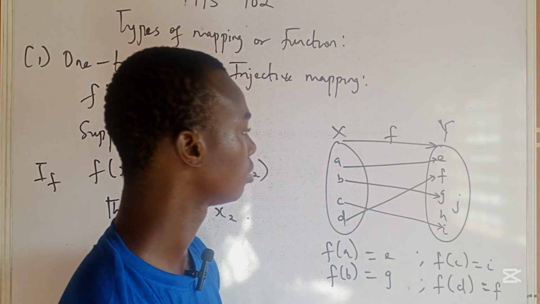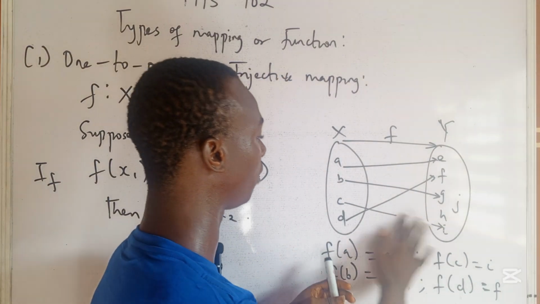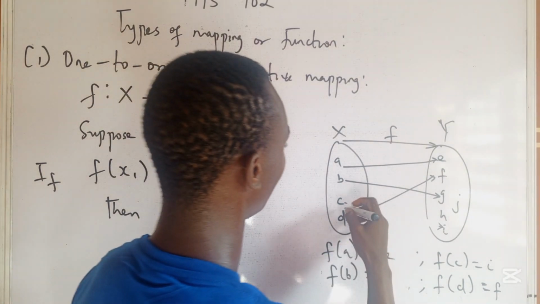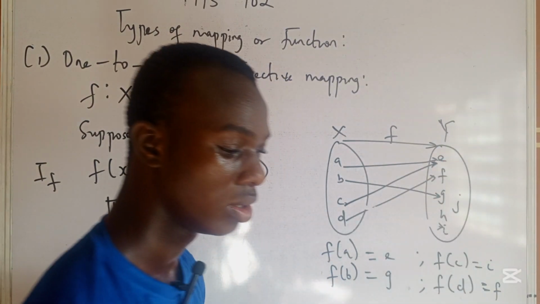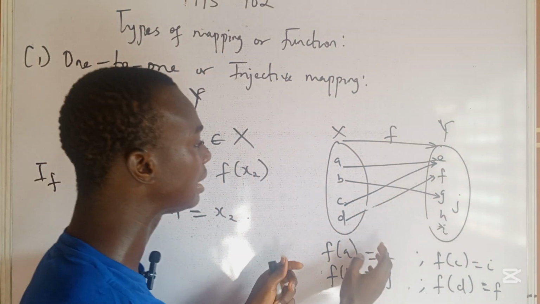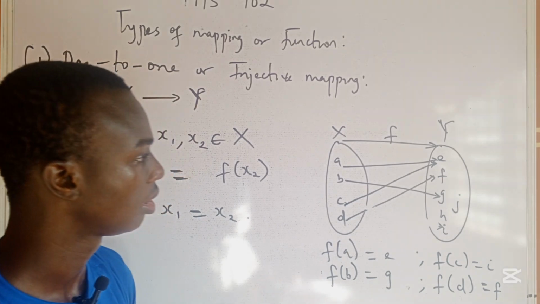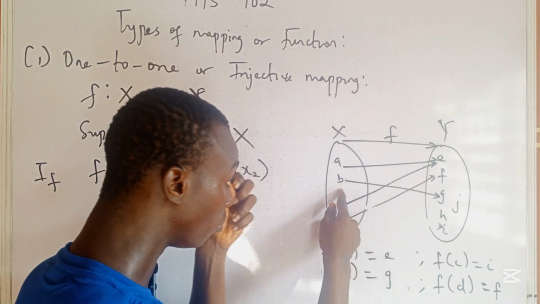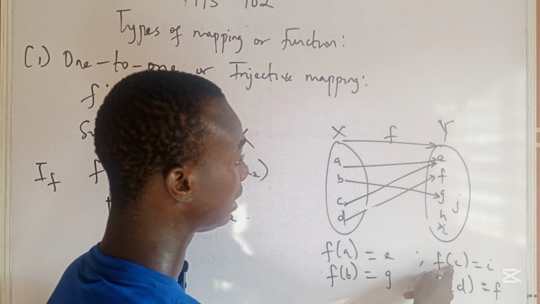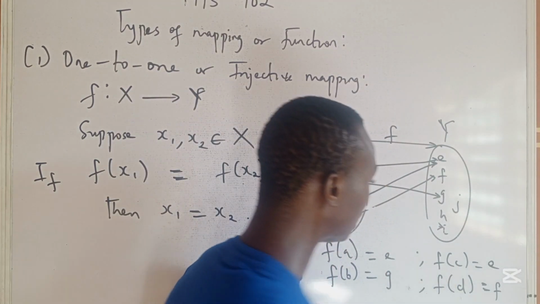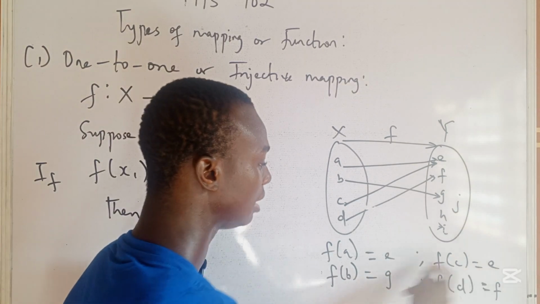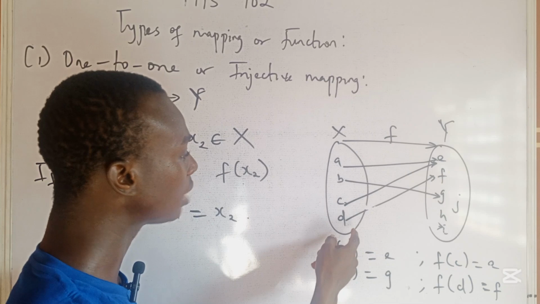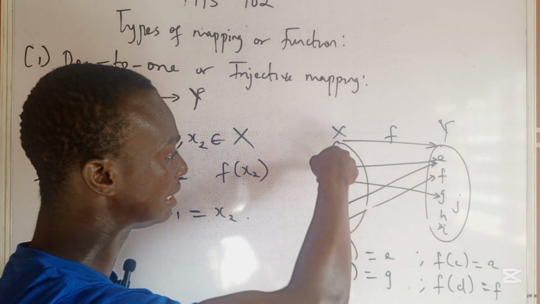Let me try to reframe this question. Can we say this is a one-to-one mapping here? We notice that the image of a is e, the image of b is g, and the image of c is also e. A is not equal to c; they are both elements in the domain.